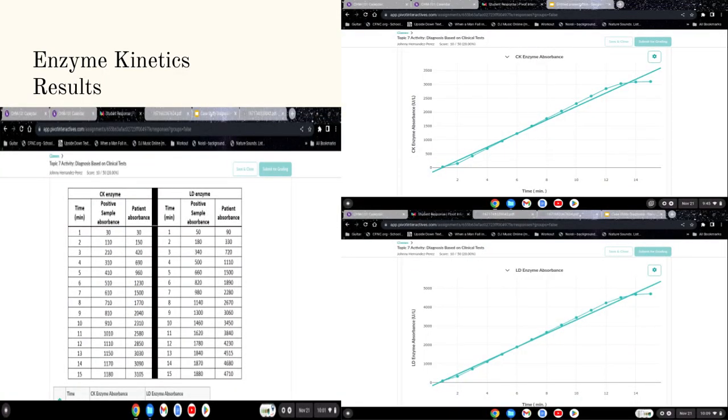Now these are our results. This is a control sample for creatine kinase enzyme activity and lactate dehydrogenase enzyme activity. And we can see that the patient absorbance is much higher than the control sample. And over here we can see the graphs as well.